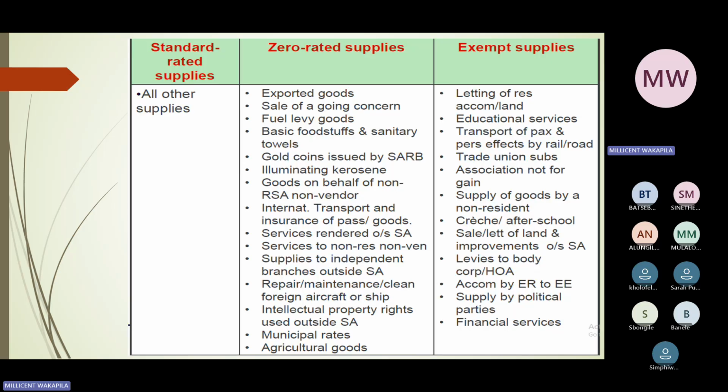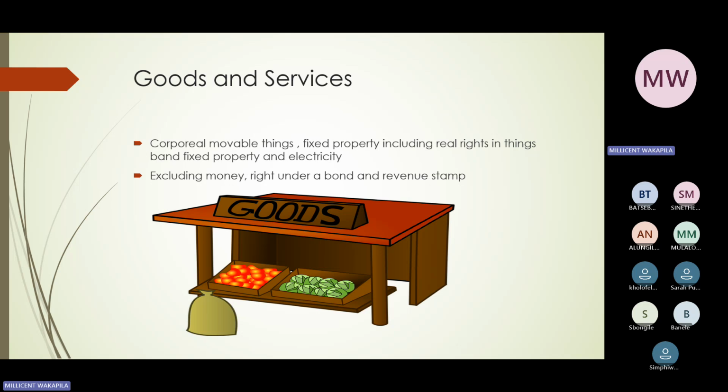Okay, so goods and services, right? This is the definition that I was avoiding explaining to you guys, but I felt I should maybe put it here so that I can show you some of the goods that are a bit tricky but really come out in your assessments, right? So goods or services can be corporeal movable things, fixed property including real rights in things, and electricity, right?